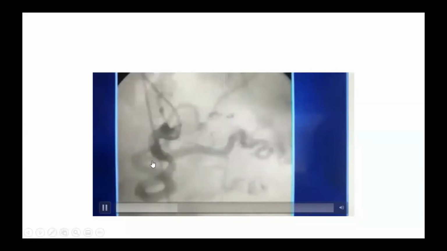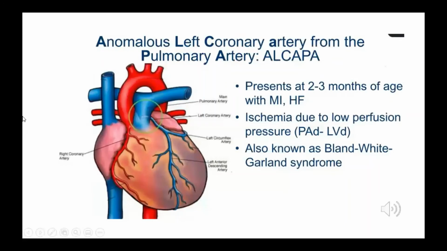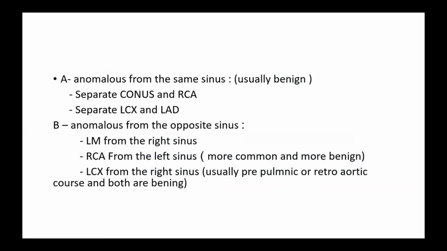Usually they will have a large RCA. Re-implantation is difficult because of the variable arteries. So anomalous left coronary artery from the pulmonary artery presents usually at 2 to 3 months of age, will lead to ischemia, and definitely the treatment is surgical.